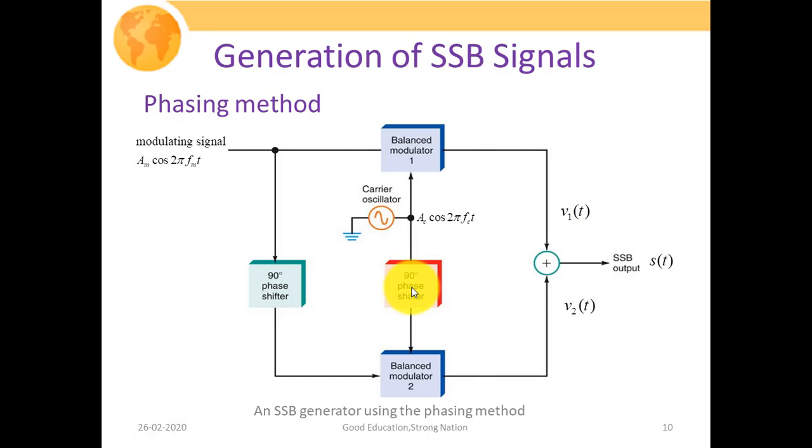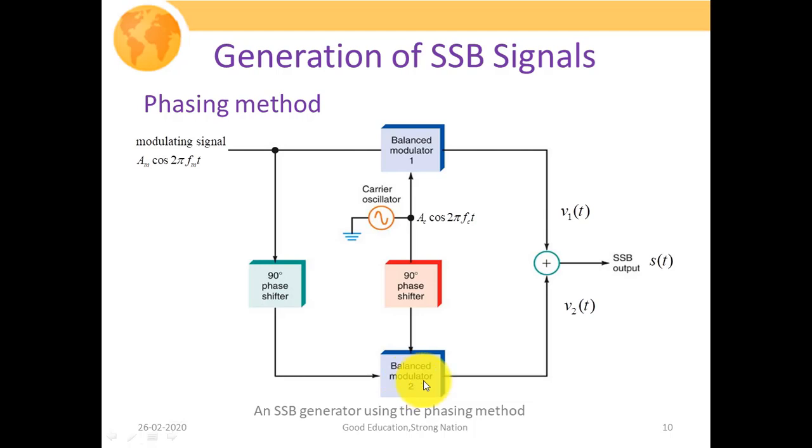If we closely observe, balance modulator 1 has the input message signal Am cos of 2 pi fm t, and the second input, the carrier, is Ac cos of 2 pi fc t. Whereas in the second balance modulator, the message signal is out of phase by 90 degrees, and the second input is the same common carrier frequency, but also 90 degrees phase apart.